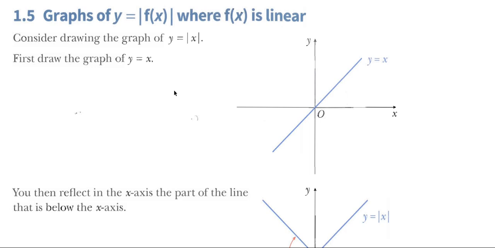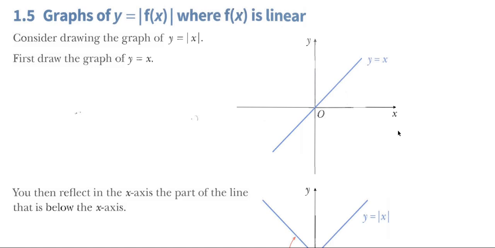So, this is y equals x, and you know y equals x is a straight line which passes through the origin. So you can see the graph of y equals x.